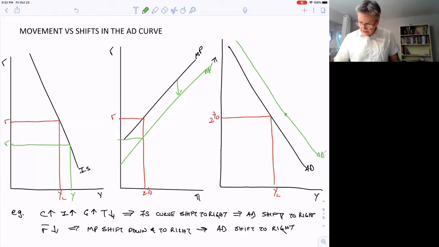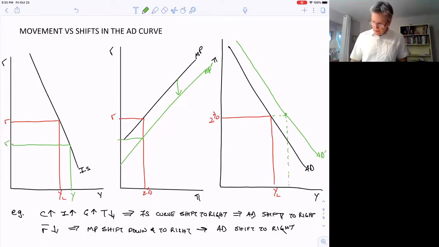The aggregate demand curve has to be shifted out so that the new output here is the output Y there in green.